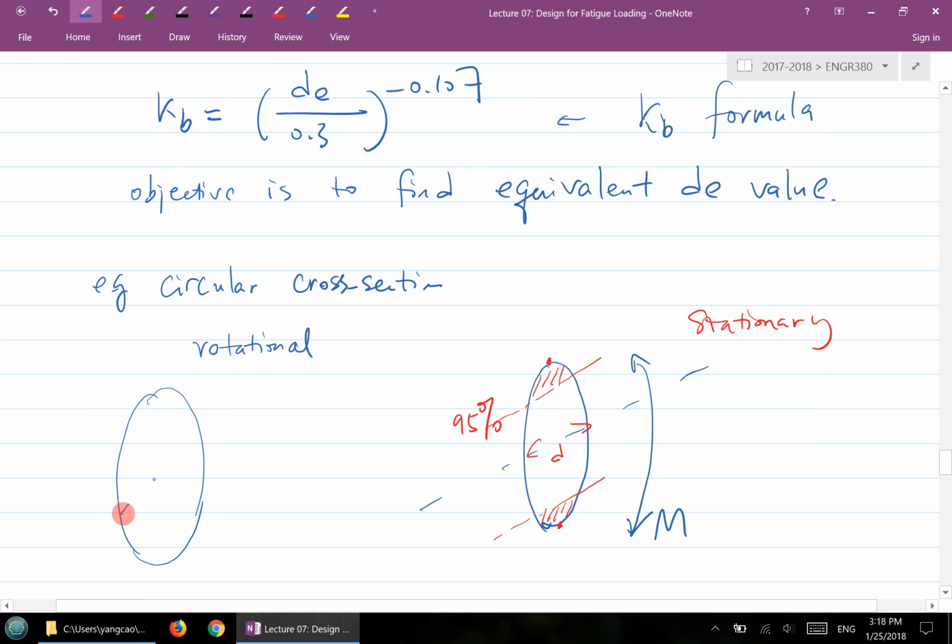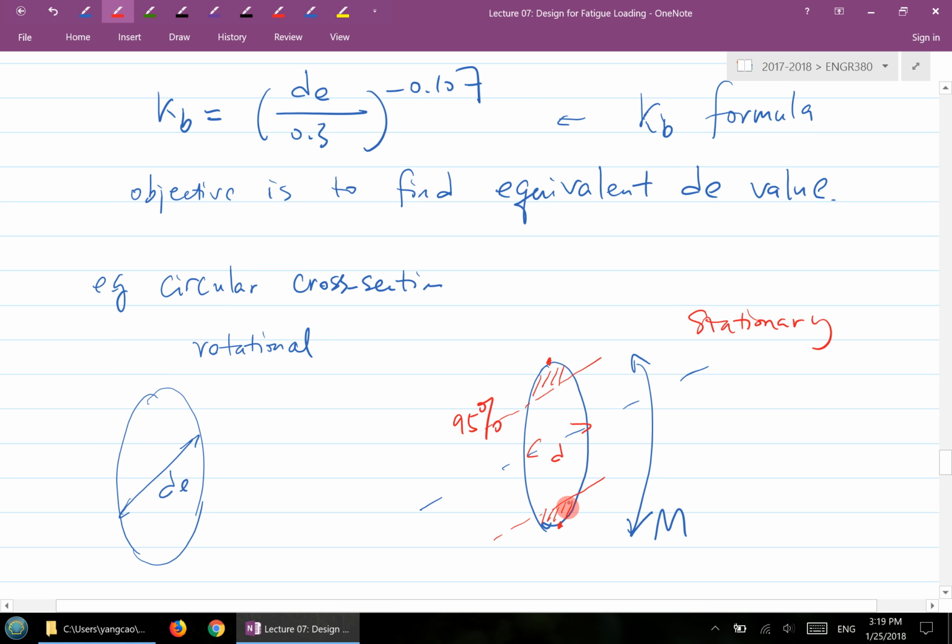Consider something rotational that has a DE value, and we look at the same thing, 95% of maximum. In the stationary case, you draw these two horizontal lines, that's 95%.